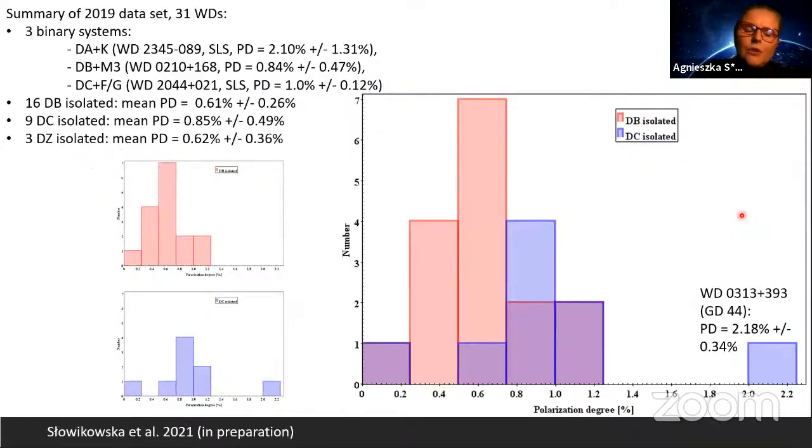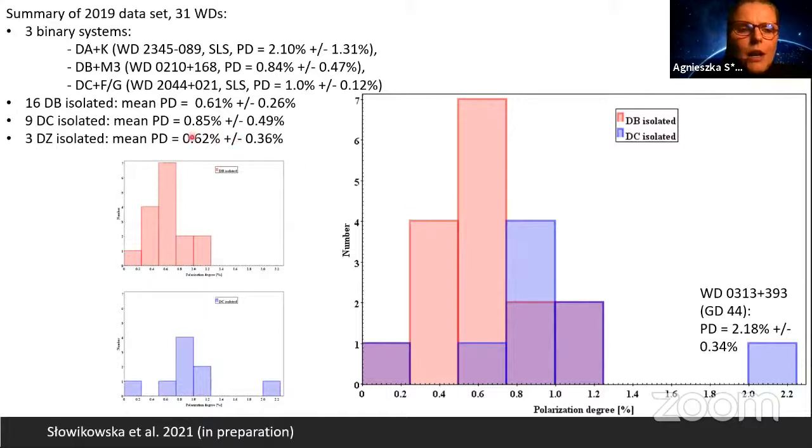These are results from 2014 and 2016. We already had an indication that indeed there is a difference in the linear polarization of different spectral types of white dwarfs.